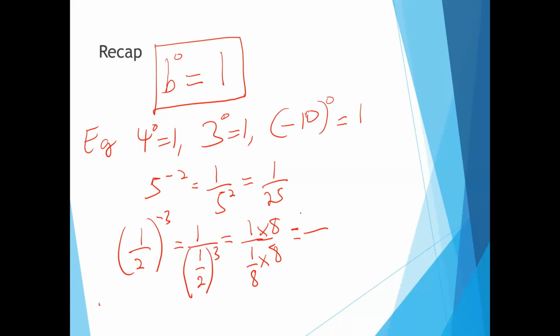So 1 times 8 will give us 8. Then this 8 will divide that 8, so 1 times 1, so we get 1. So the whole thing will give us 8. So when we have 1 over 2 raised to the power negative 3, when we simplify it, it will give us 8. So in the form of a recap, these are the examples that I want us to look at.